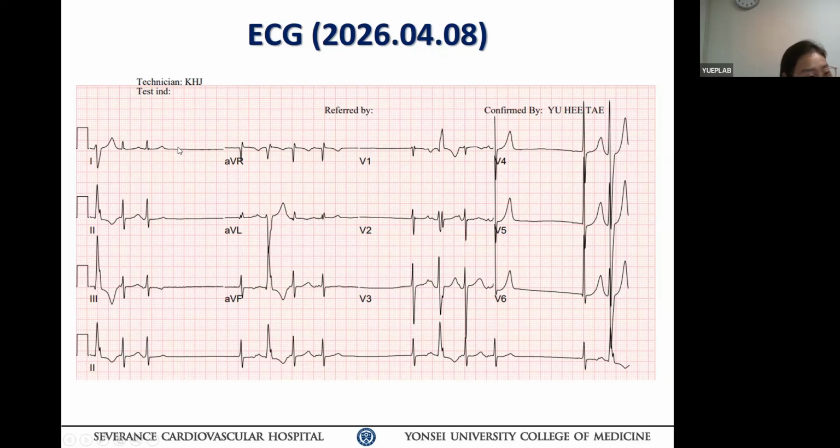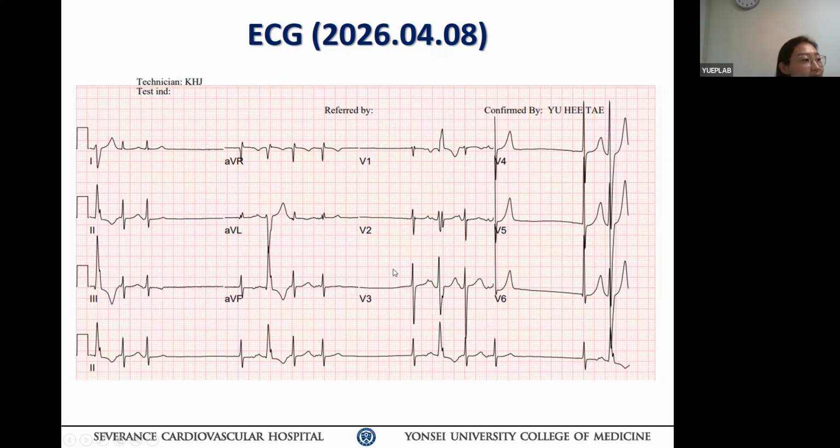Looking at the narrow QRS, the limb lead axis and the precordial lead axis are pretty normal, right? And I don't see any significant cardiomyopathy pattern.